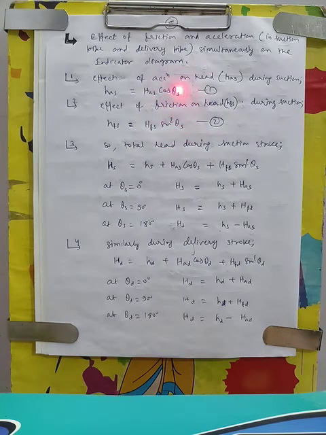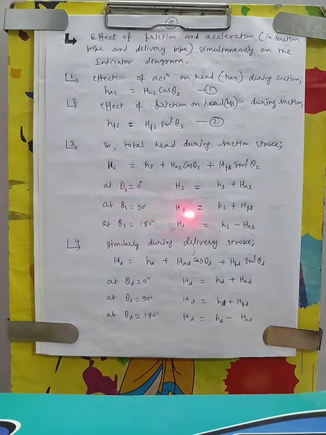Now if we add both effects simultaneously, what will be the head in the cylinder during the suction stroke? Hs is the ideal, theoretical head, plus head due to acceleration, plus head due to friction. At 0 degree, Hs will be Hs plus HAS.